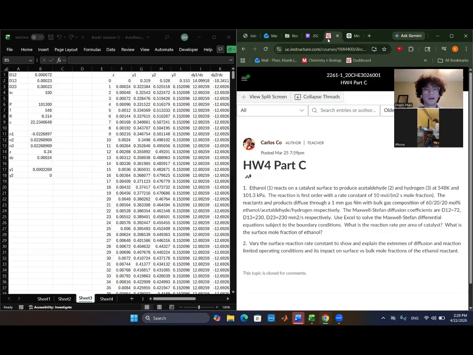So you see that when the rate of reaction is small, the diffusion replenishes the ethanol, which slows down the reaction kinetically. However, when the rate of reaction is high, the reaction depletes the ethanol at the surface, which makes the mole fraction at the surface similar to the bulk gas composition, 0.6, 0.2.